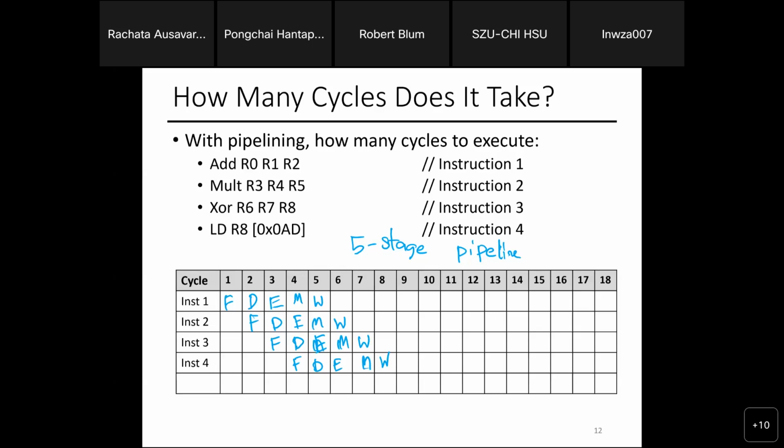This is why every single modern processor and microprocessor that you see does pipelining. It gives you such a benefit that it doesn't make sense not to do it. All right. Any questions?